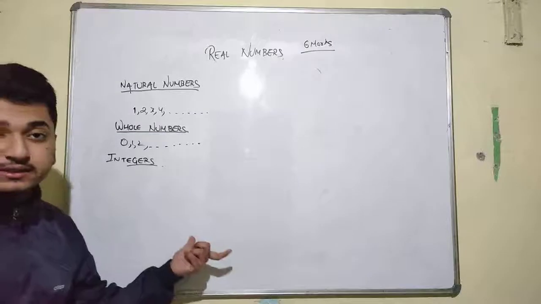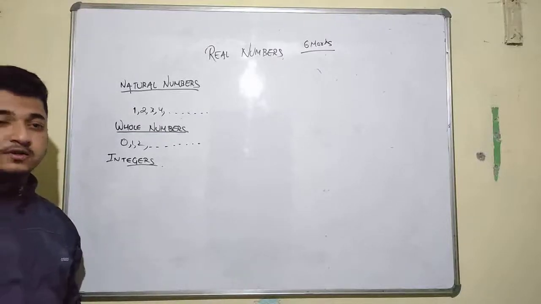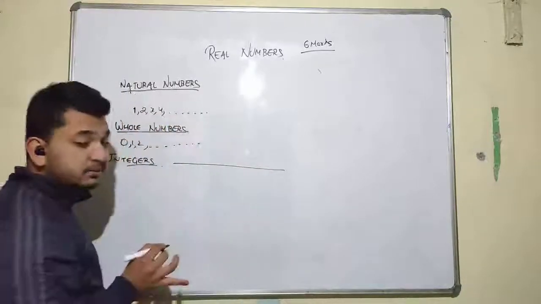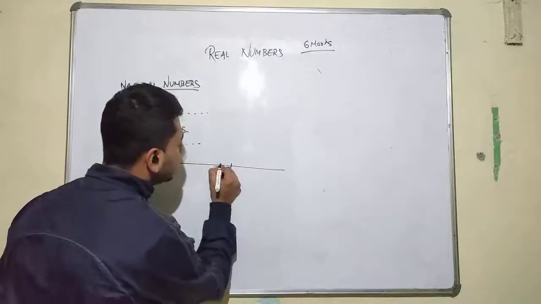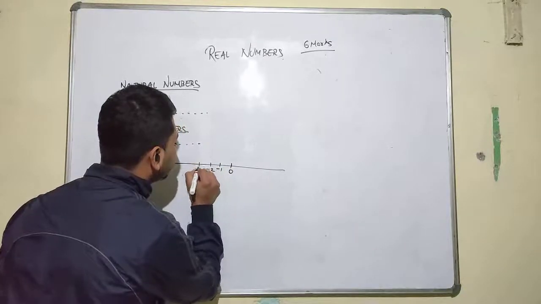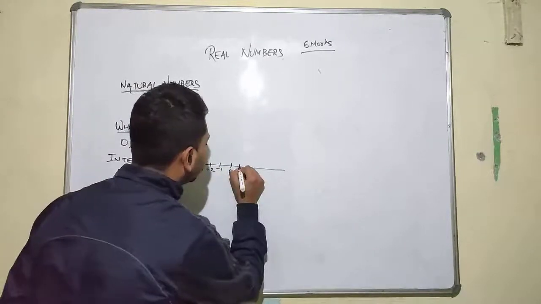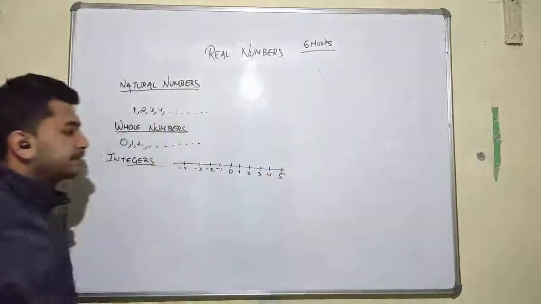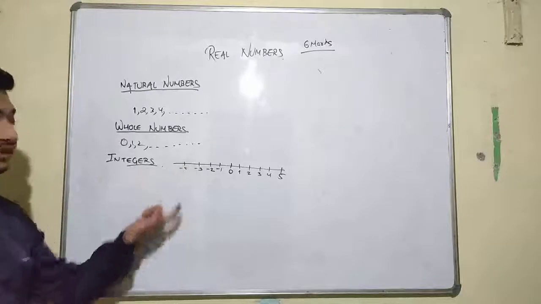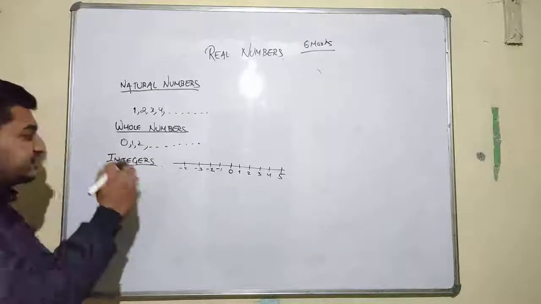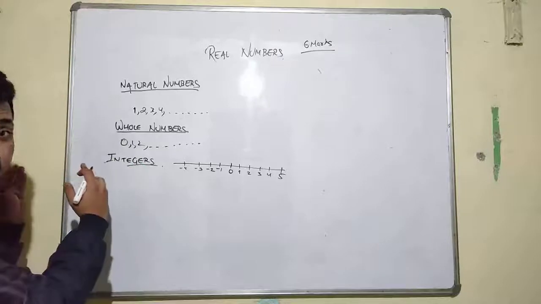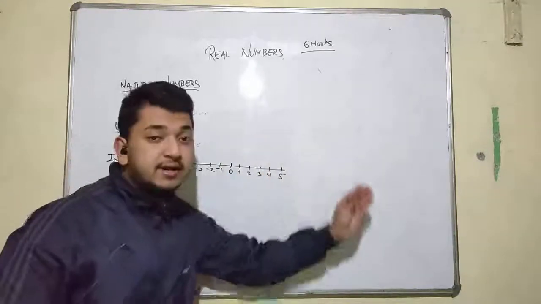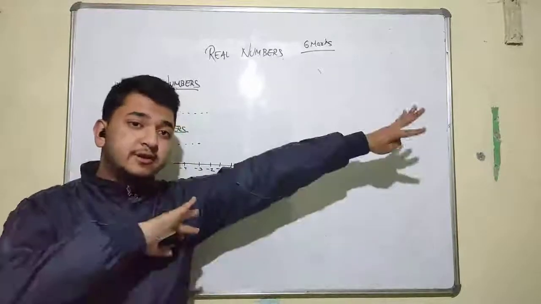So what are integers? We can express numbers on a number line, right? 0, minus 1, minus 2, minus 3, minus 4, 1, 2, 3, 4, 5. These are all your integers. We can push it to minus 5, minus 6, minus 7, minus 8, minus 9, minus 10, far away, and 5, 6, 7, 8, 9, 10, far away.